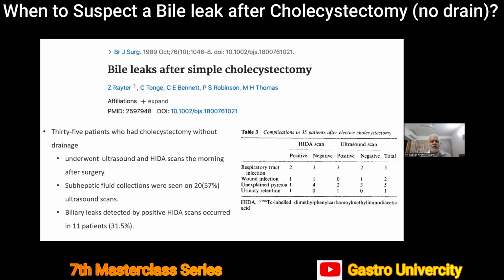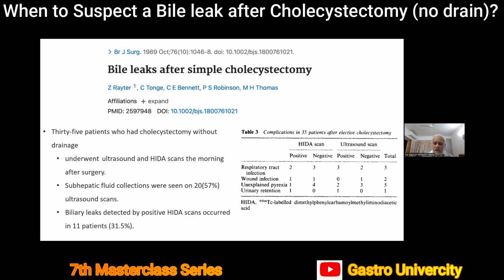Now, this is a very old report, 1989, and it shows that when routinely an isotope scan was done, a significant number of patients had bile leak. It may not have resulted in a consequence, but it is there, it is common.